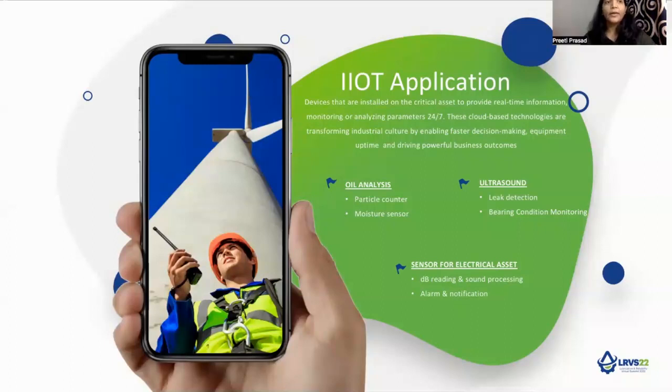Even the advanced IIoT can give you the size, color and pictures, showing the wear of the particles. Moisture sensors are also installed, so if the ppm has increased or decreased, or something is happening related to moisture or water contamination, that IoT device will detect it and report it on a real-time basis.